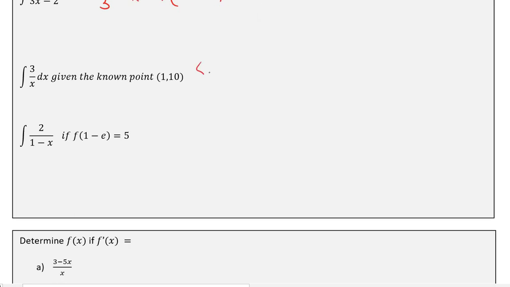So the integral of 3 over x dx will be 1 over 3 ln bracket x plus c. Whoops, I wrote dx instead of c up there.